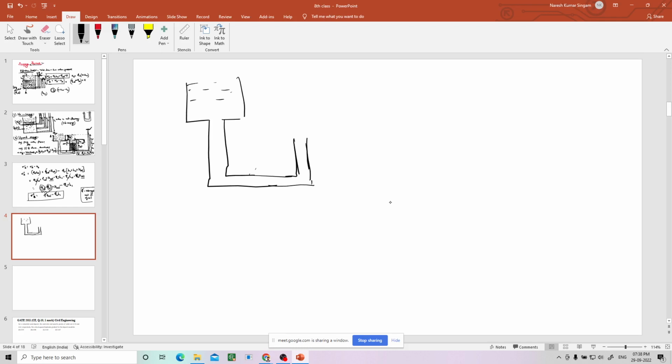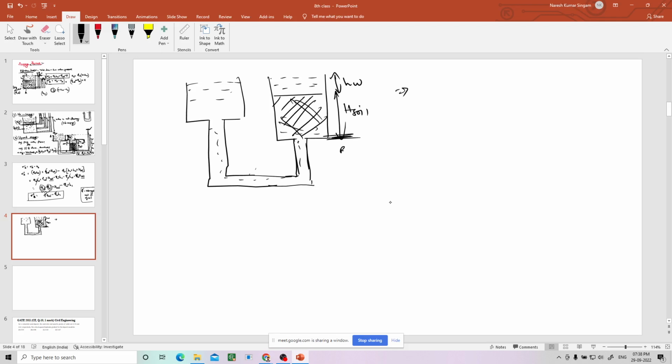There is water, there is soil here, it's soil, there is water here too. So water flows from here to here, and this is HW. As we discussed, this is the B, and at this point if you put a tube, water will go up to here.